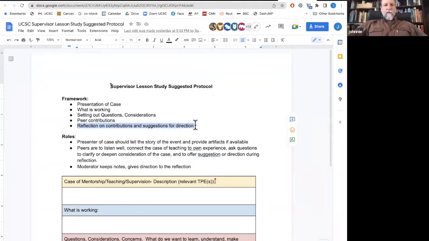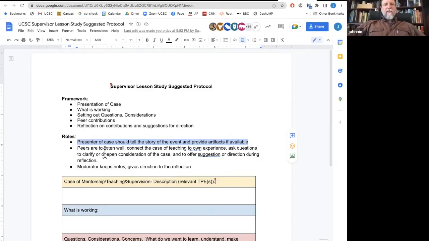Roles: the presenter of the case should tell the story of the event and provide artifacts if available. I know for me in recent years, the notion of story as a means to learn, as a mechanism to learn matters a whole lot. So these cases really are stories of teaching. We can learn so much from them.